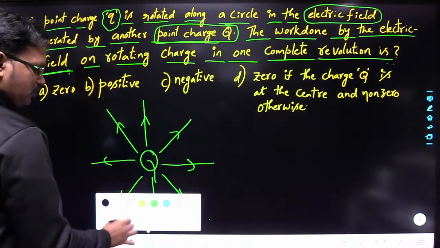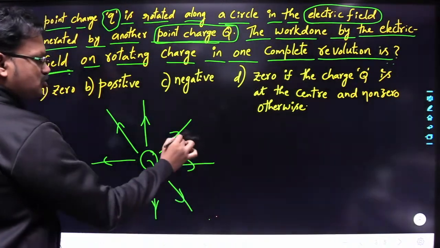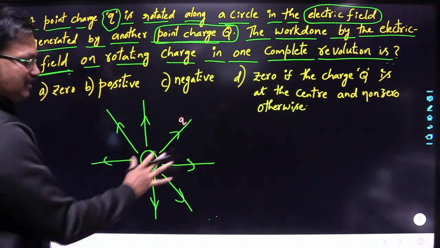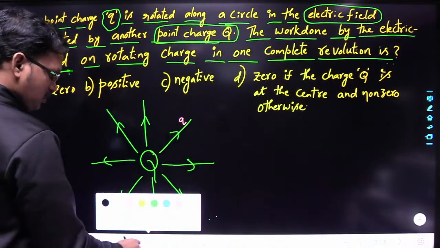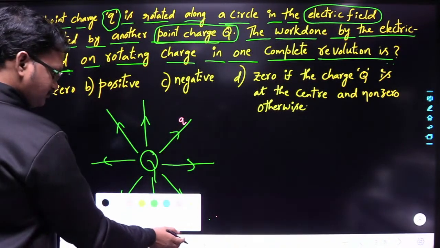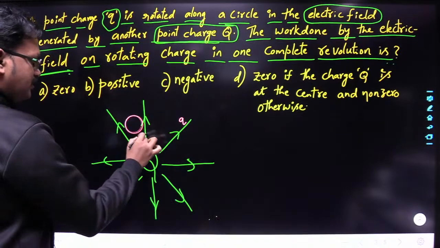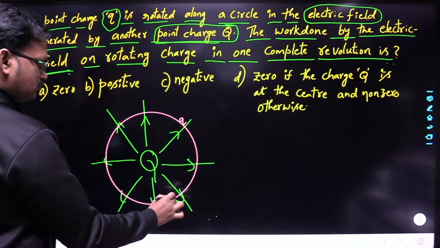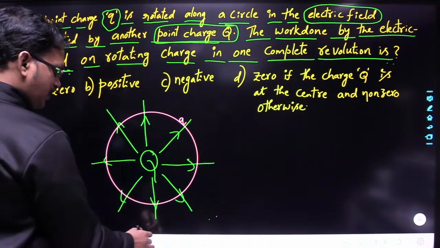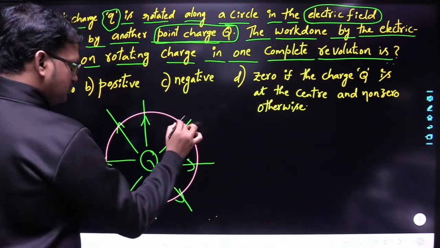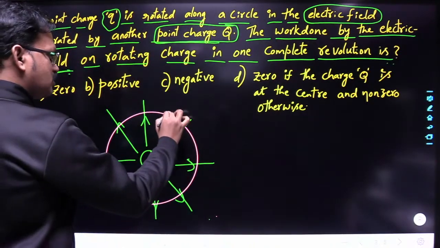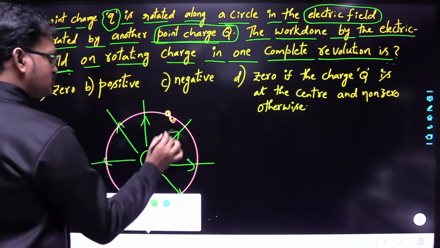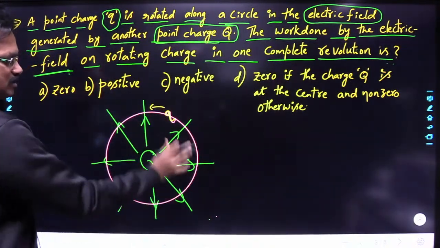Now the charge small q is rotating along a circular path in this field. Let us assume it is rotating in this circular path.